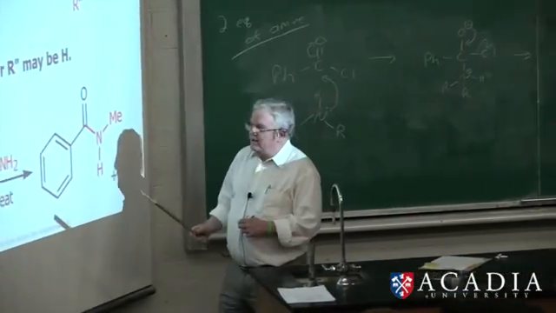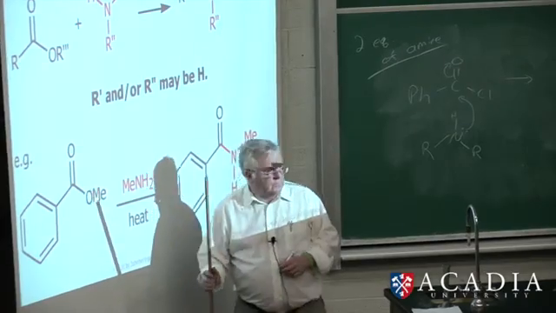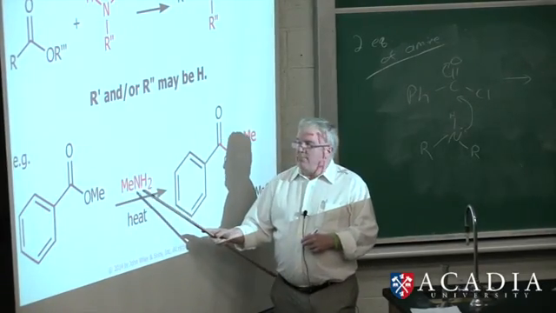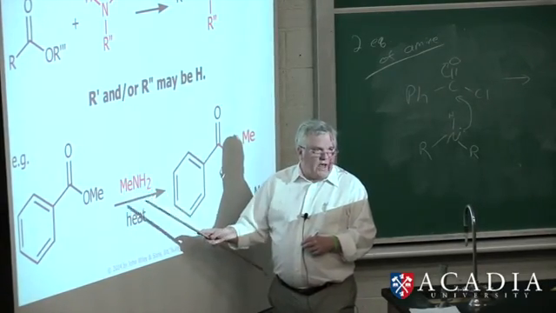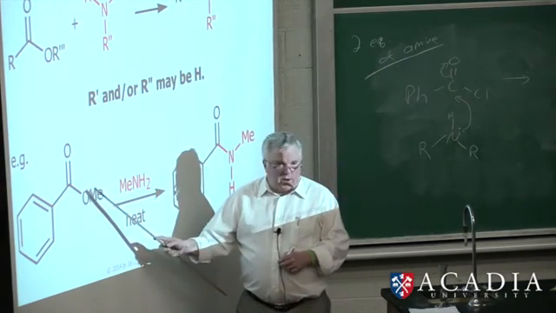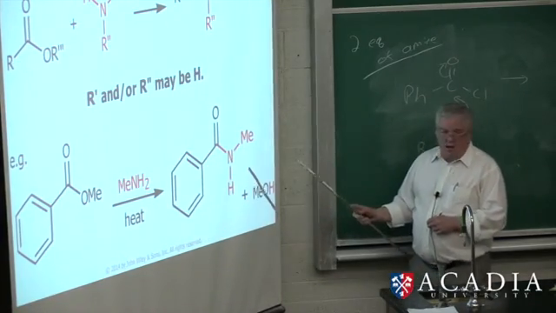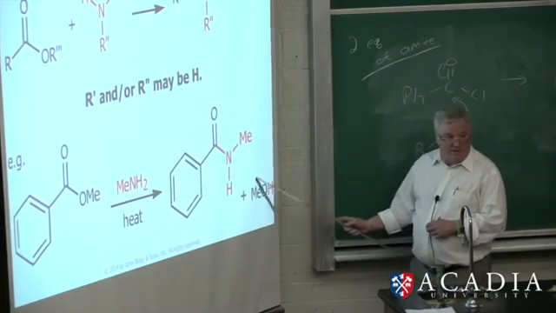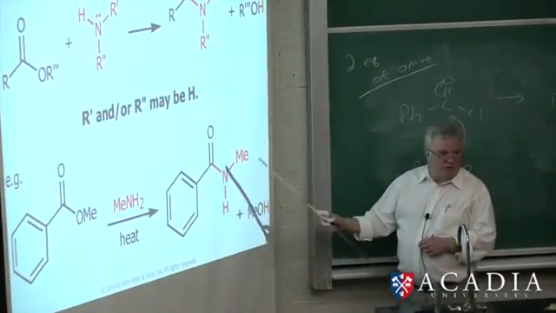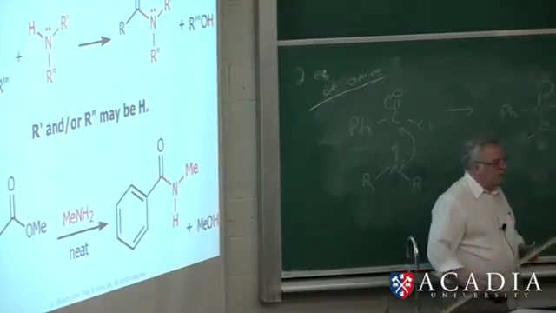The other thing that's convenient is if you have a high boiling ester and a high boiling amine, which you don't have in either one of these cases, and then your alcohol product is low boiling, you can make this reaction go by adding enough heat so that you can boil off the methanol and everything else remains in the pot, and it's a convenient way of driving this reaction to completion.